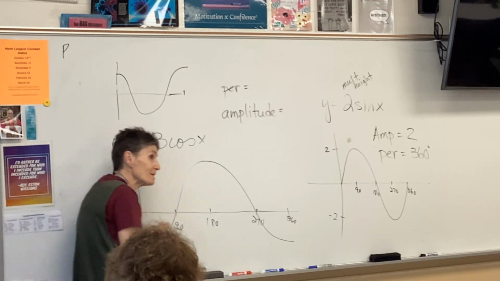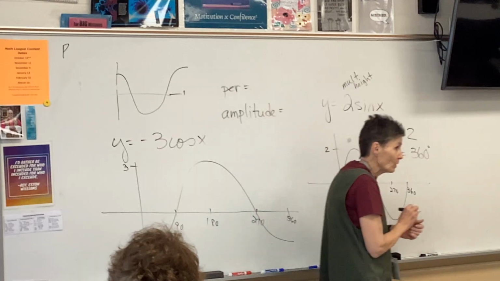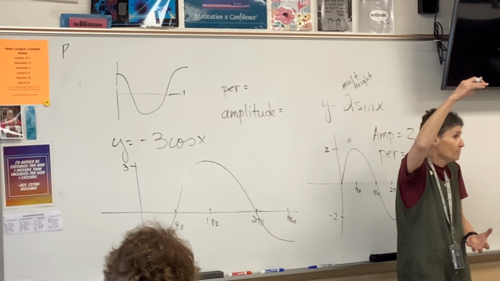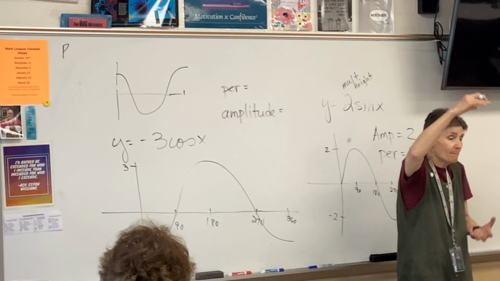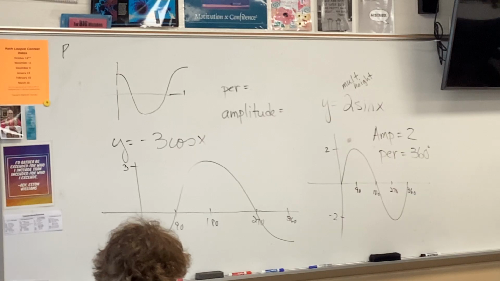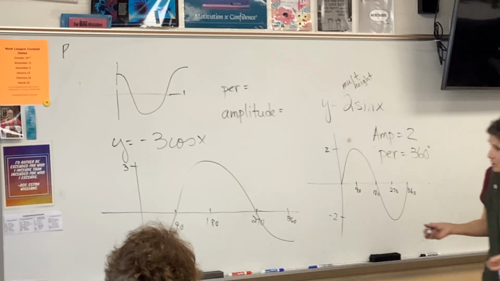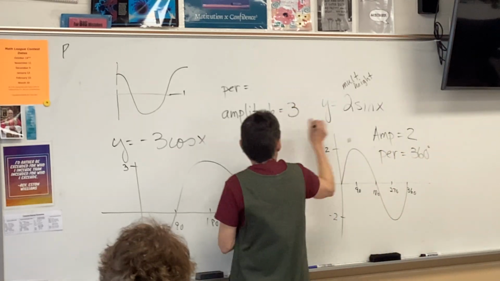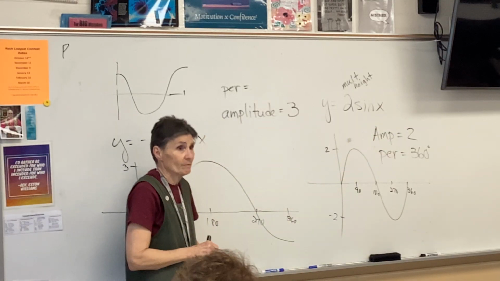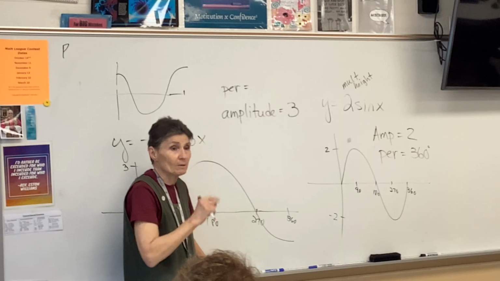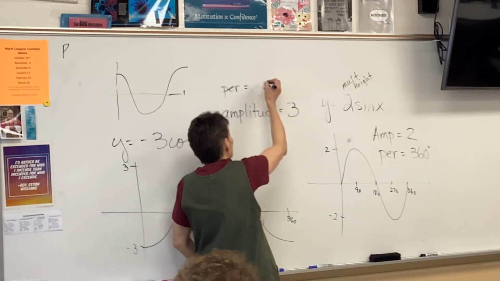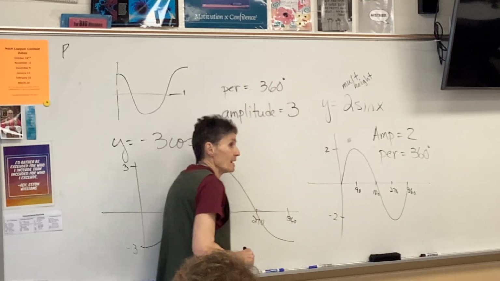If we were doing this on graph paper, wouldn't that one be 3 times taller than a regular one? I'm not gonna worry about all that with you guys, just label. Change those labels. What's your amplitude? 3, positive. Amplitude and period are always positive. So it's 3, and the period is still 360. I haven't changed it.